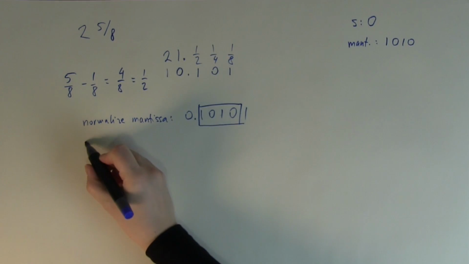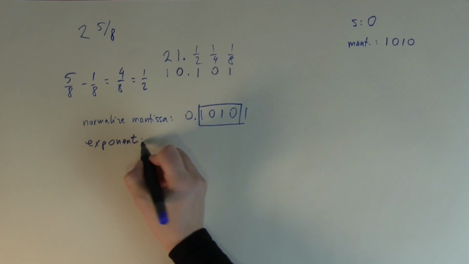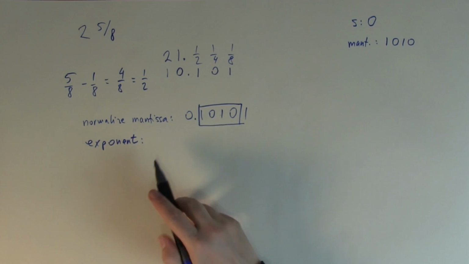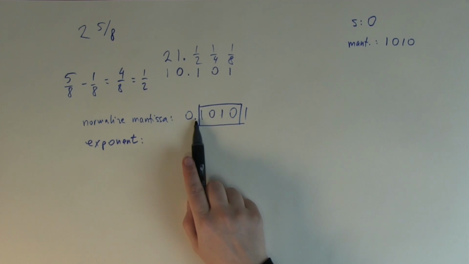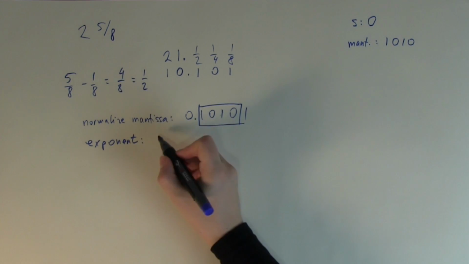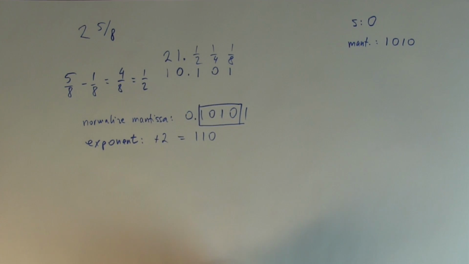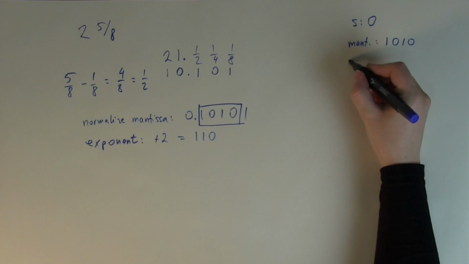And again, I need to identify the exponent. The exponent is, again, how many places do I need to move the radix point to get back to the original number? And again, that is positive 2, which is 1, 1, 0, just as in the previous two examples.